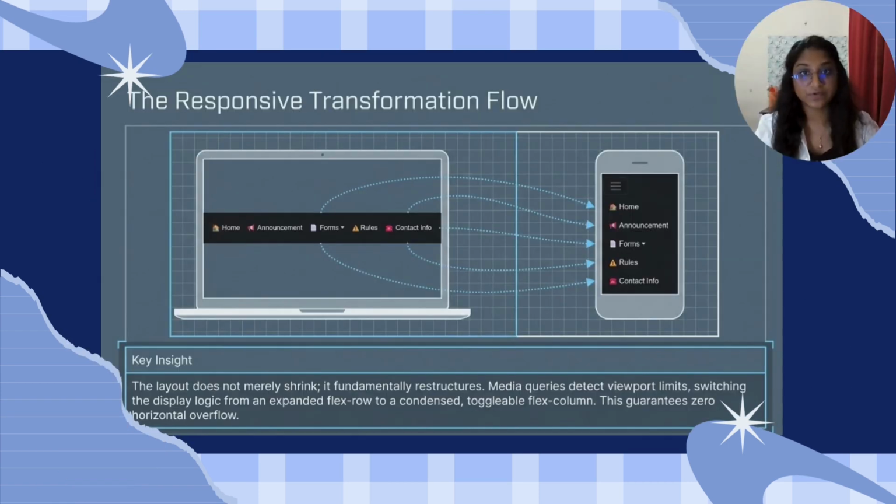So now the responsive transformation flow. You all can see the transformation flow on this slide. The key point is the layout does not shrink, it fundamentally restructures. Media queries detect viewport limits, switching the display logic from an S-band flow row to a toggleable flex column to generate zero horizontal overflow.